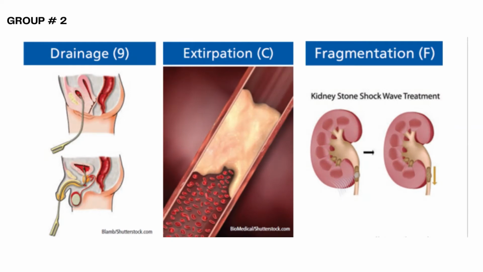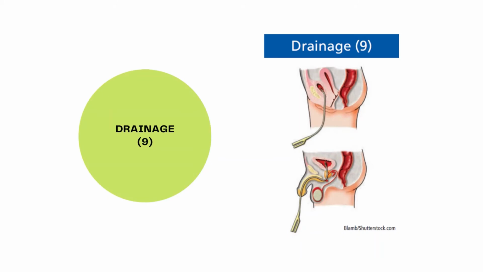There are a total of 3 root operations in the second group: drainage, extirpation, and fragmentation. And today, we are talking about the root operation drainage, which carries a character value of 9.